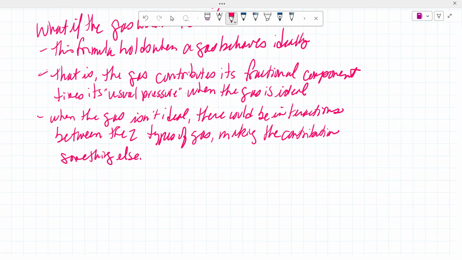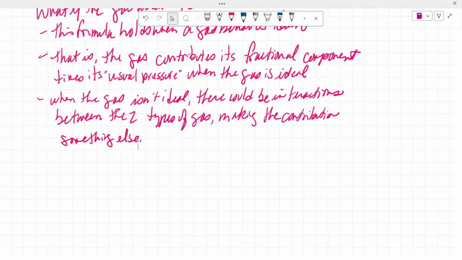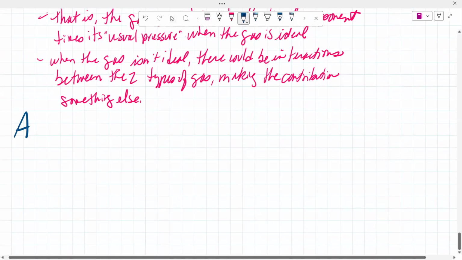That's probably a good way to think about it. The activity is a way to make a correction for the interactions. And if we had a correction factor, we could continue to use the ideal gas equation with the correction factor. And that's exactly where it's going. So activity is our next topic.